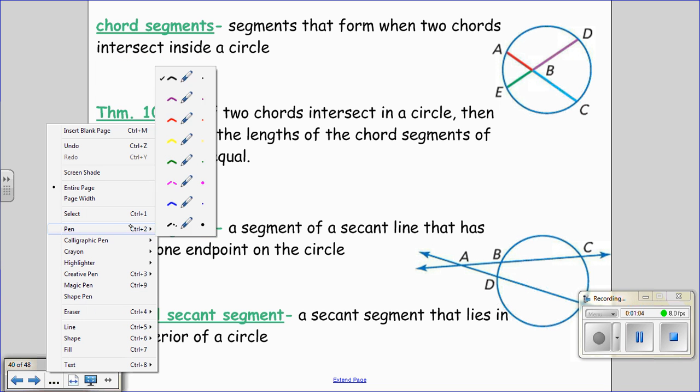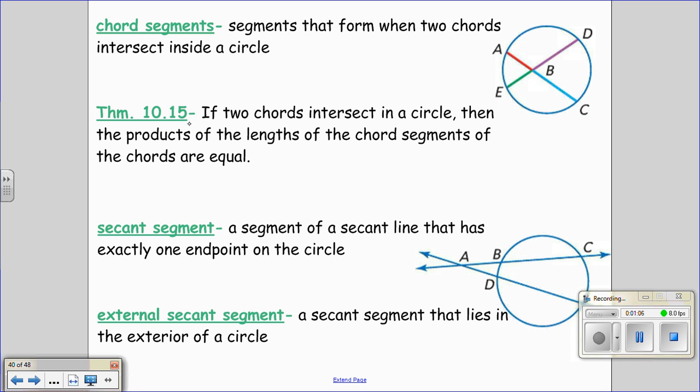There are four chord segments on my example on the right. AB is one, BC is another, EB is one, and the last one is BD.